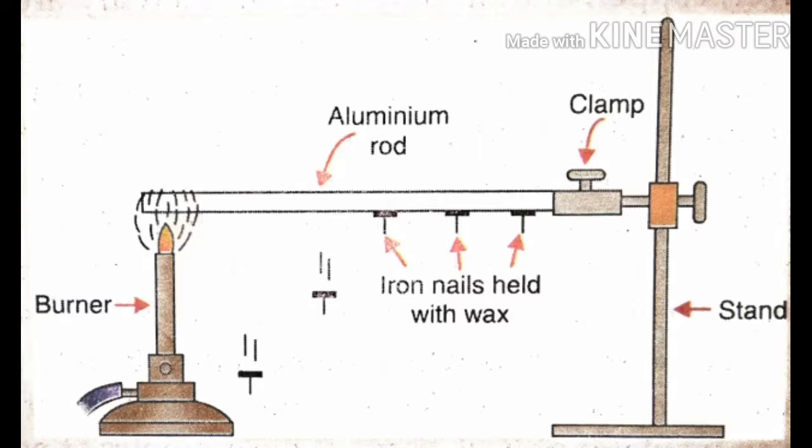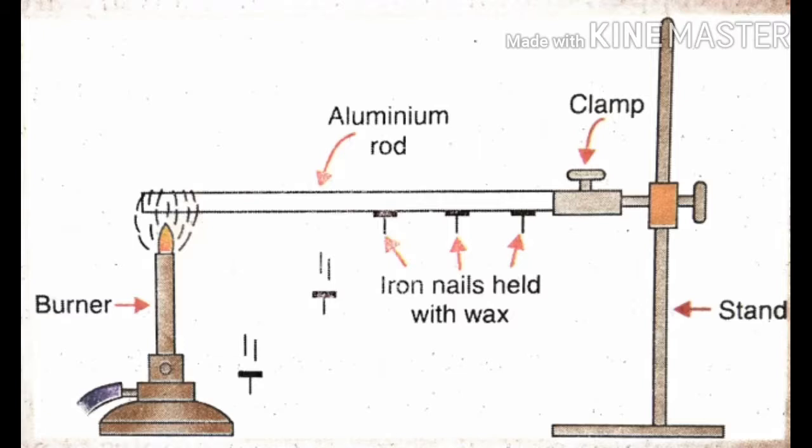We will see that the iron nails attached to the aluminium rod with wax start falling one by one. The nail attached nearest to the heated end of the rod falls down first, and then the next ones fall, but the nail attached to the end of the rod drops last of all.